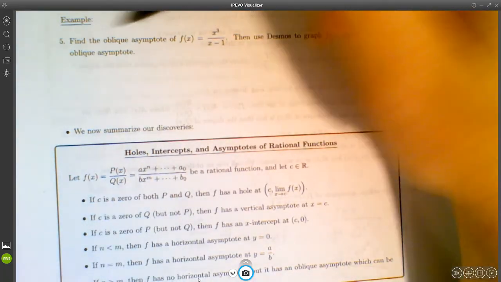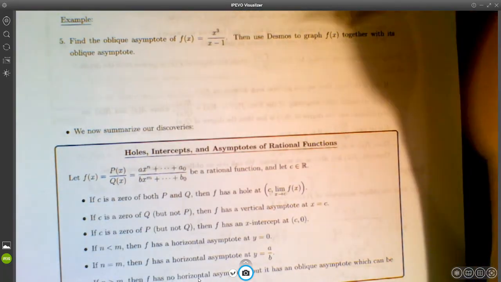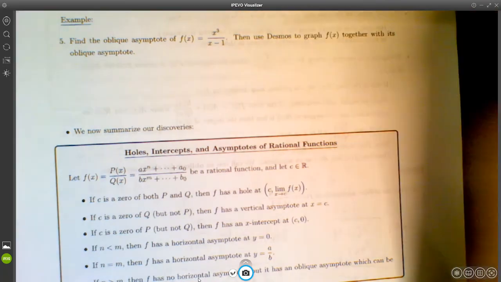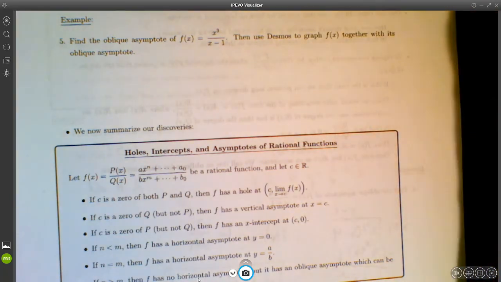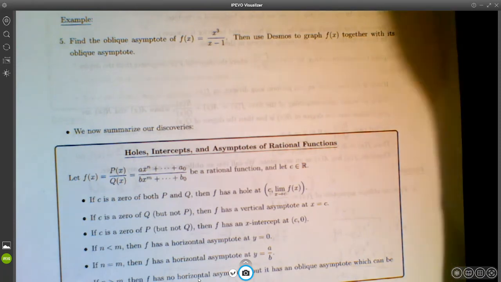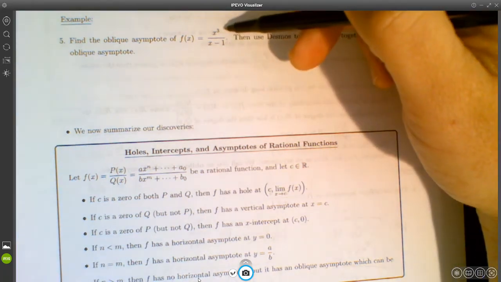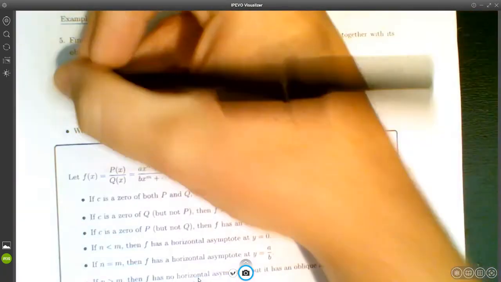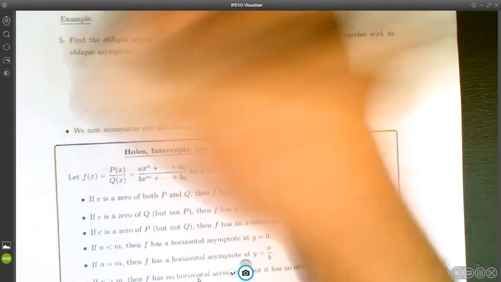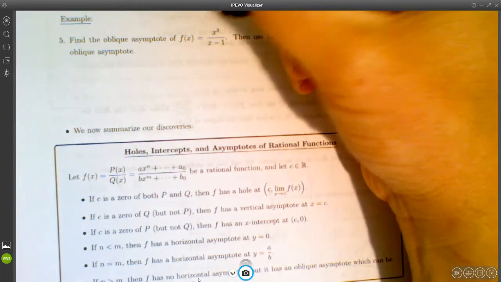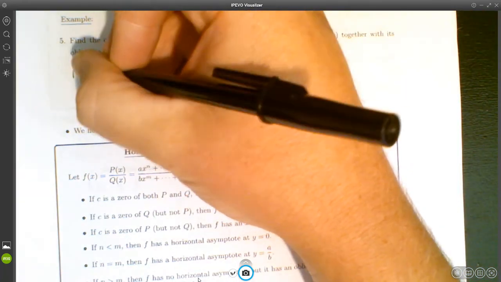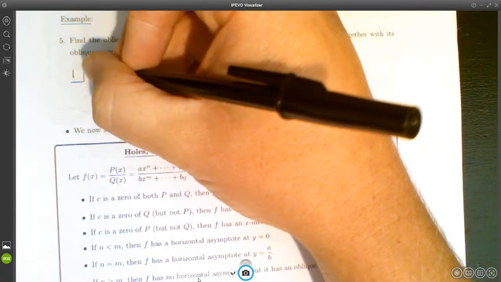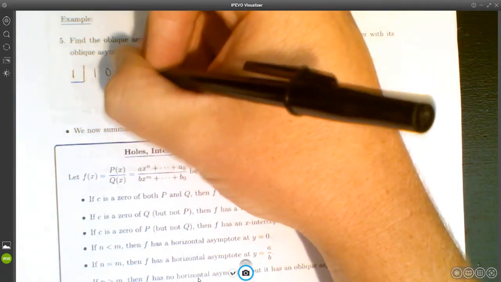So number 5 says, find the oblique asymptote of this thing, then use Desmos to graph f of x together with its oblique asymptote, so that you can become convinced that this really is the oblique asymptote of f. So let's do that. I want to divide x cubed by x minus 1. I can actually use synthetic division for this. Right? X minus 1 would correspond to a 0 of positive 1. And then I have x cubed, 0x squared, 0x, and 0.